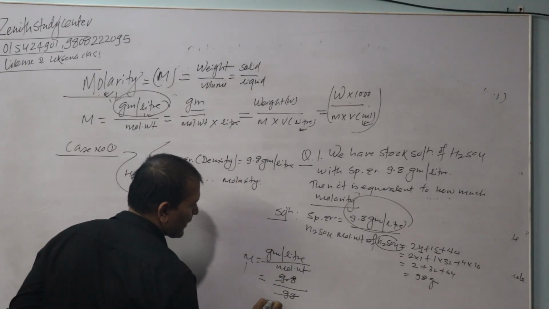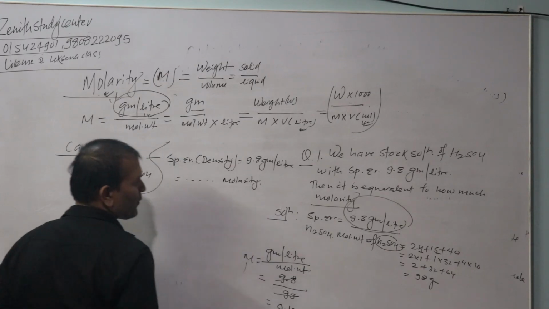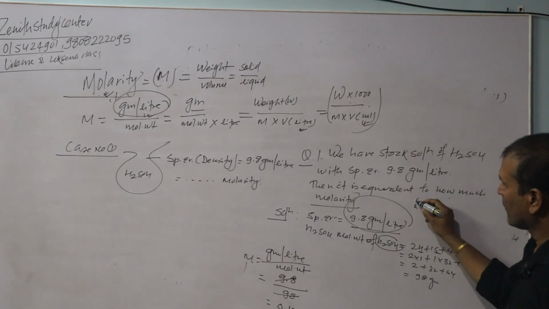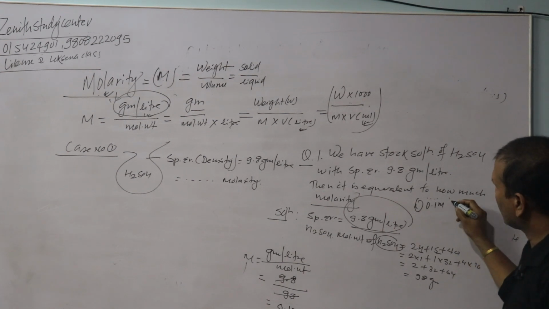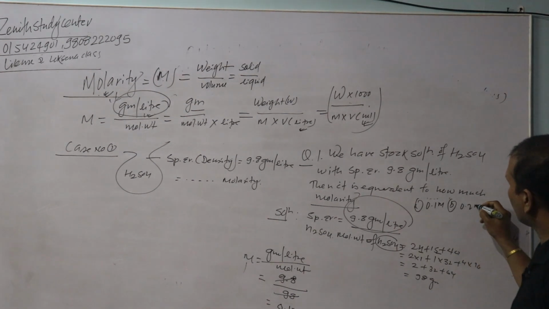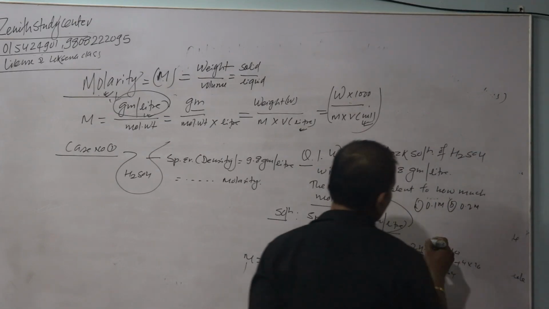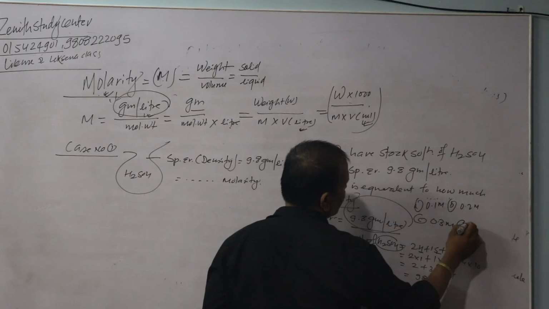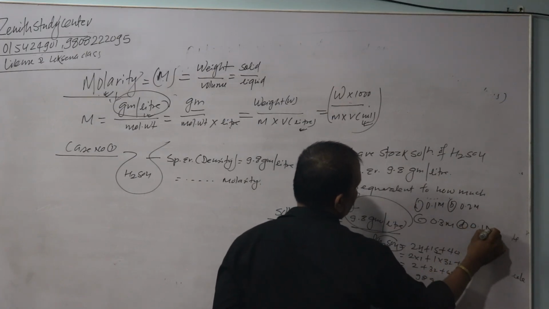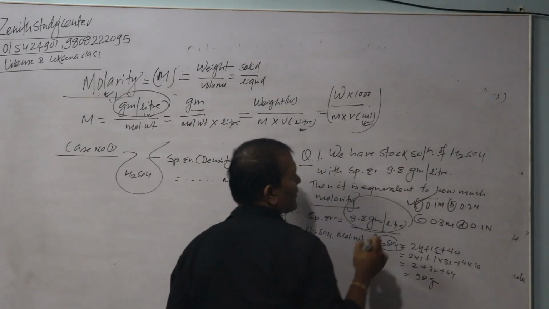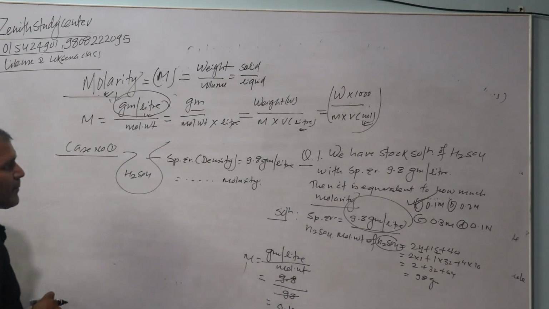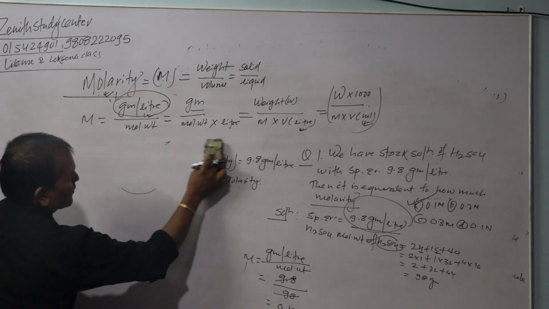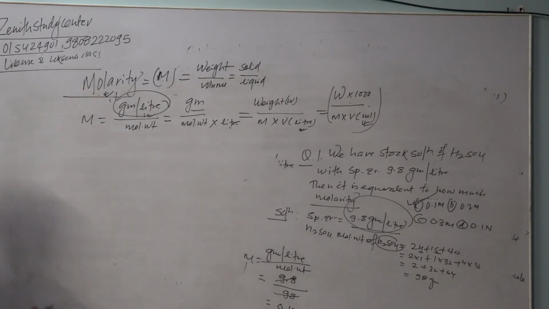If you divide that, it is 0.1 molar. So among the given options, 0.1 molar, 0.2 molar, C 0.3 molar, D 0.1 normal, we take 0.1 molar. So case number 2.